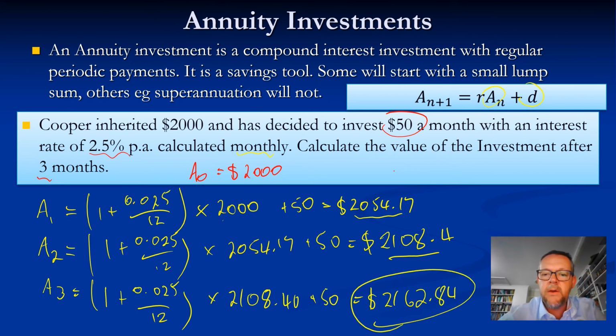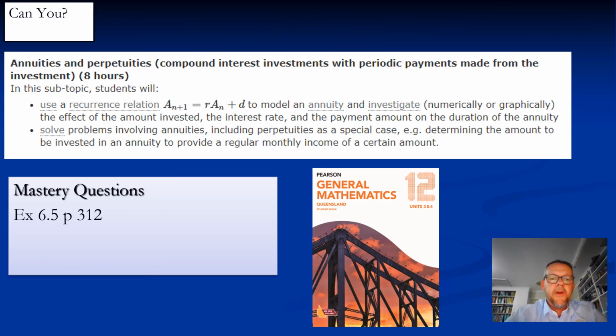So the value of the investment after 3 months is $2,162.84. Okay, folks, I reckon you can now use that recurrence relationship in your mastery exercises on 6.5 for me, please.